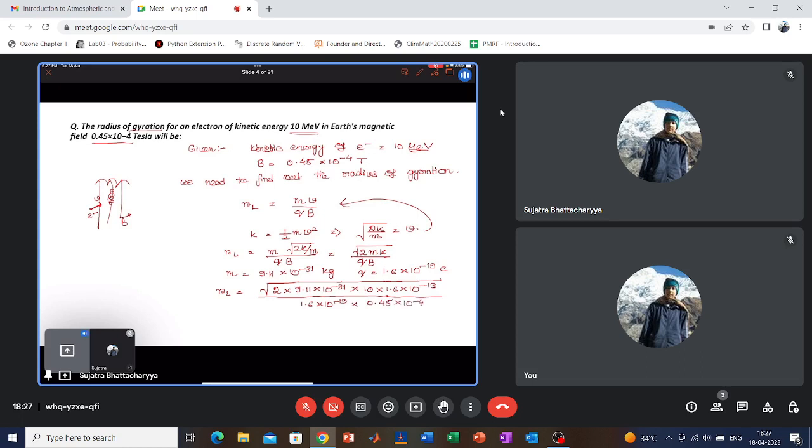Now we have to calculate how much it will come. Let's see. So this is minus 31 and this is 13 already there, right? So 10 to the power minus 44, and that gives 10 to the power minus 22 here because the root is there already, and this is 10 to the power minus 23, right? If I calculate the above expression, let's see how much it comes.